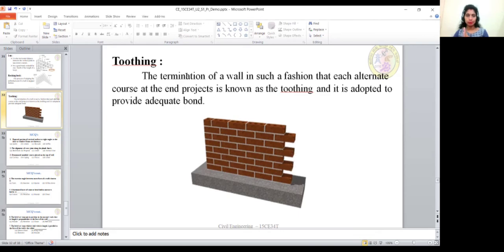See, tooth shape. Here you can observe the termination of a wall in such a fashion that each alternate course at the end projects, is known as toothing, and it is adopted to provide the adequate bond.